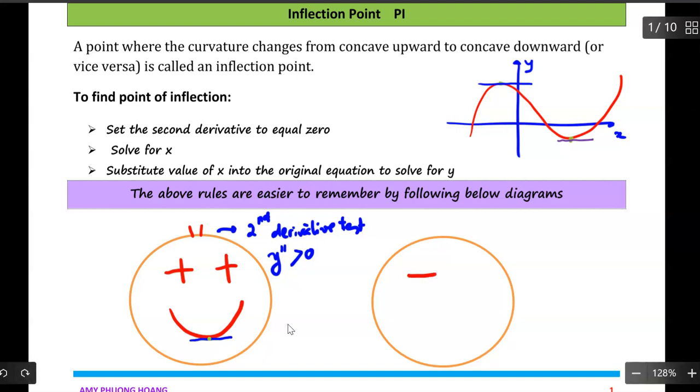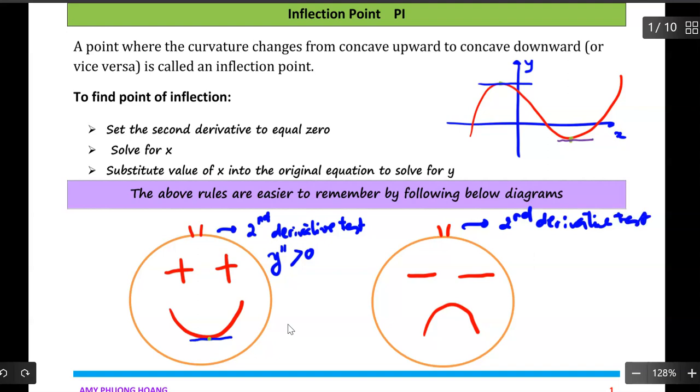Right? Okay. So then you can probably guess the next face, the sad face, will look like this. Alright, she's not smiling at all. And here we have two pieces of hair to show that we are going to use the second derivative test. Okay, so I will make a note here: second derivative test.